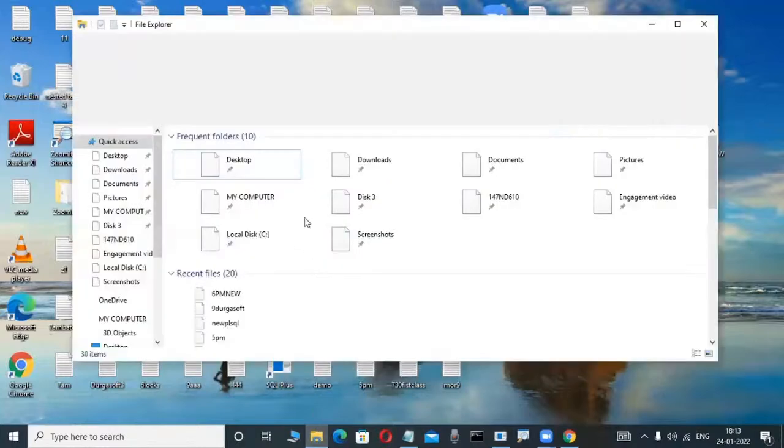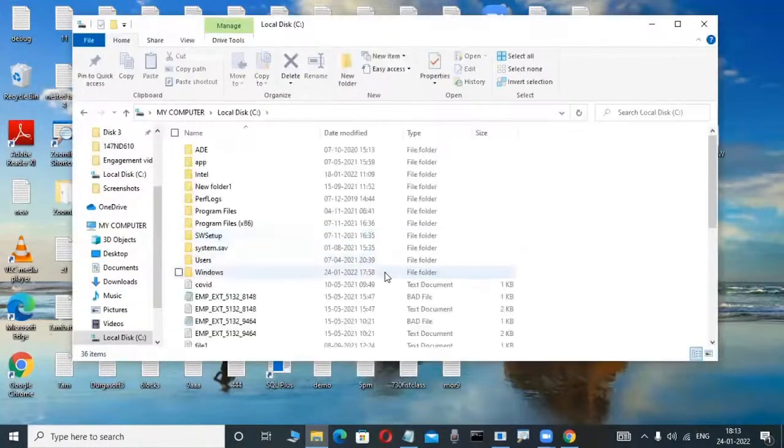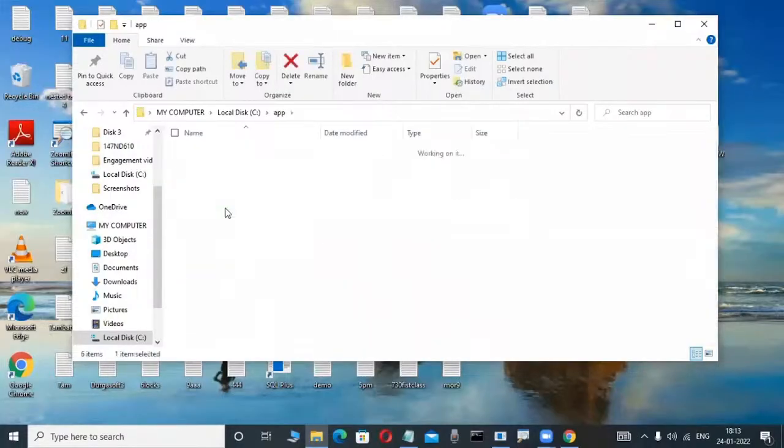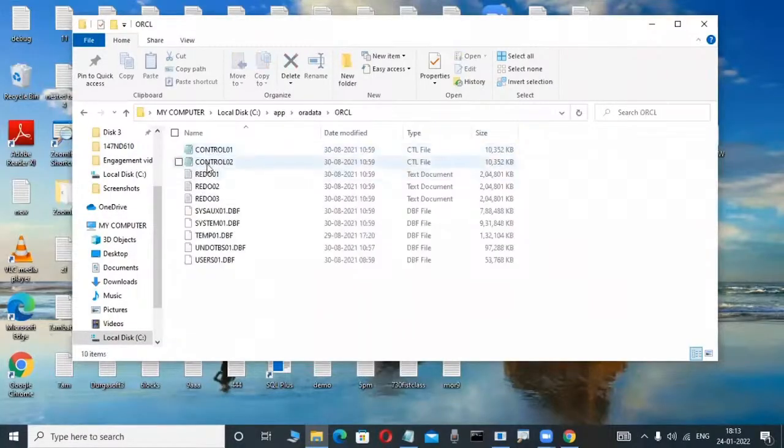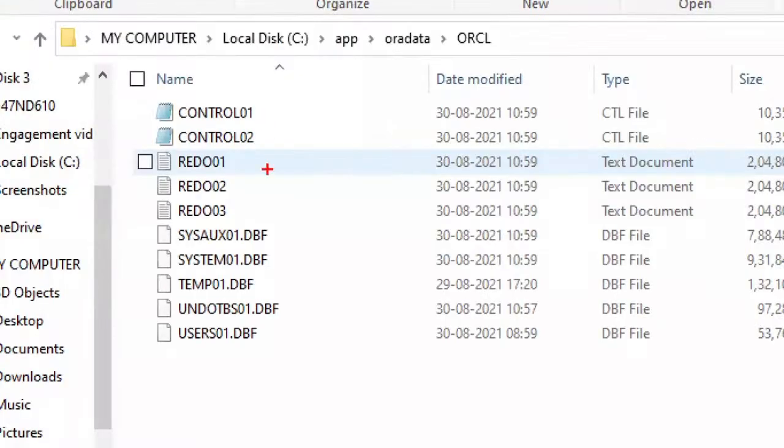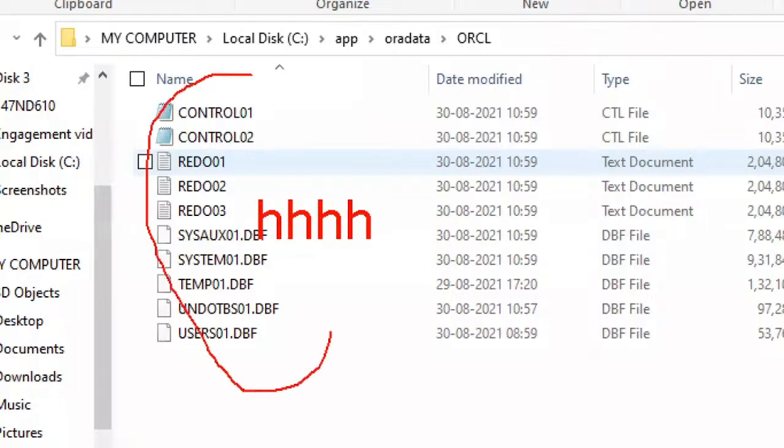Suppose I am installing Oracle, how to install it we will learn in next classes, don't worry. I install Oracle somewhere in the C drive, and in this C drive your table is not available. Whatever table I create is not visible in the C drive or D drive.